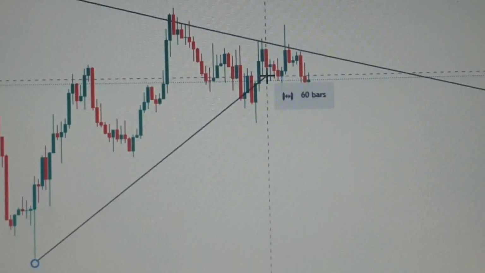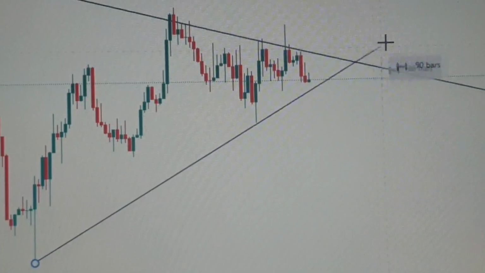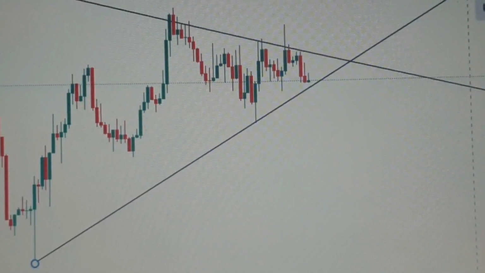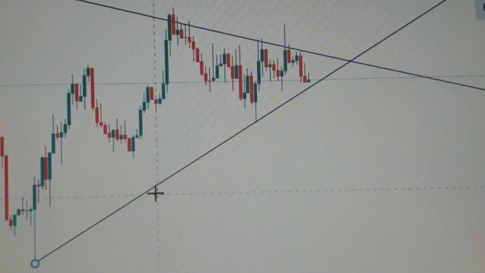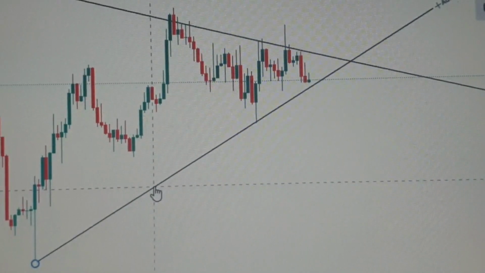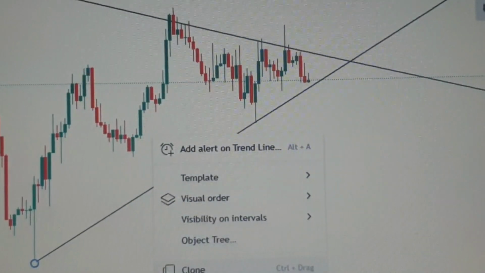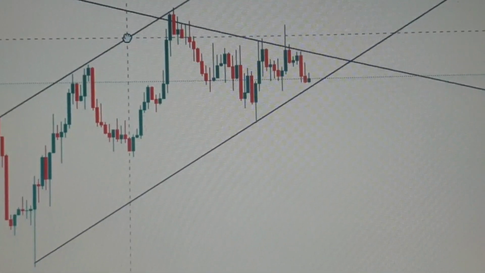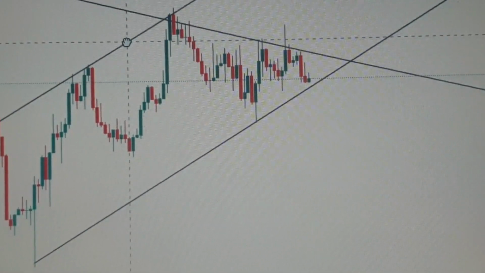I use trend lines to map out what is actually happening on my chart. It guides me on the direction that the market is taking or that I planned to take next. Then I clone this to get another uniform parallel line that will match this resistance line.